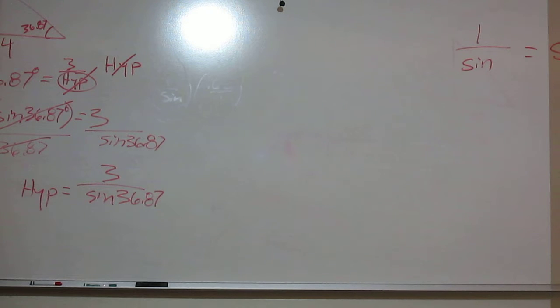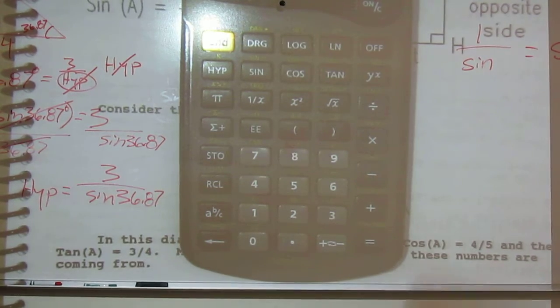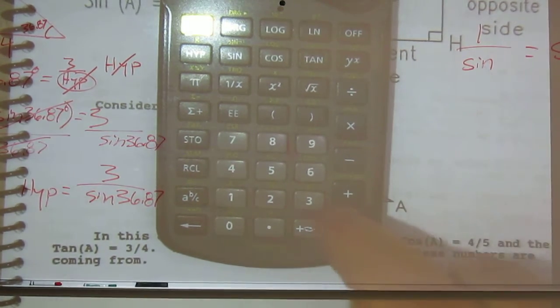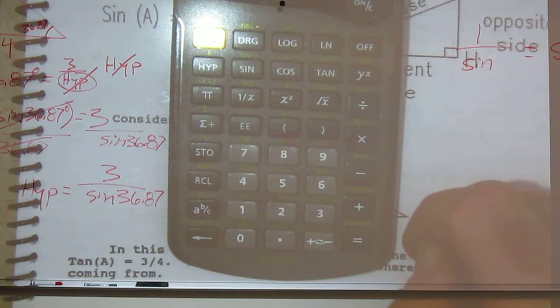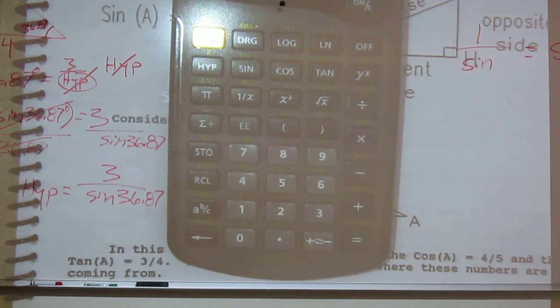We're now ready to plug and chug. So let's make sure we can get the right answer out of our calculators. On mine, I'm going to hit 3 divide. Now most of you are going to hit the sine button, like Declan, Juan, Lisa, you're all going to hit the sine button here. I'm not.